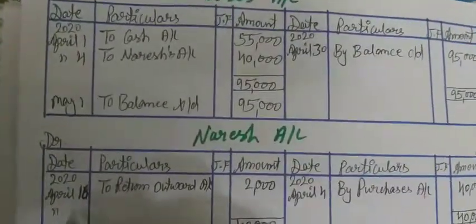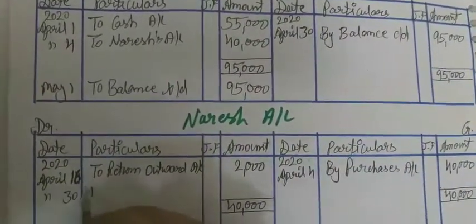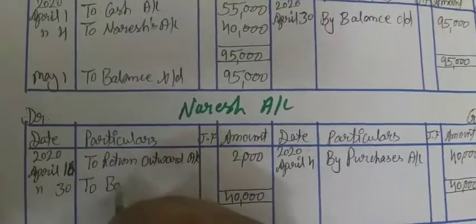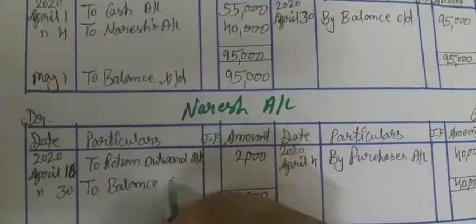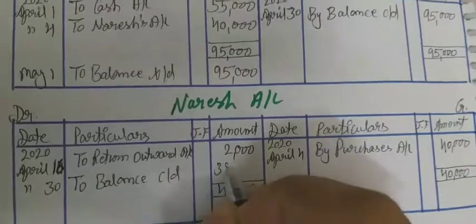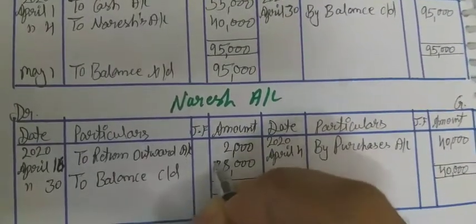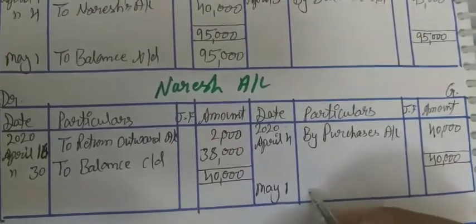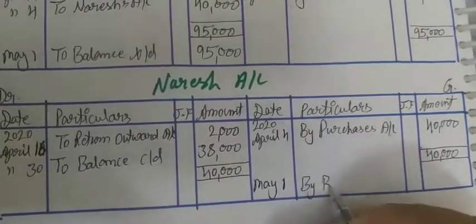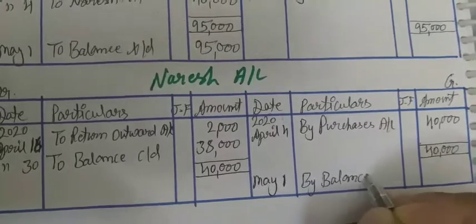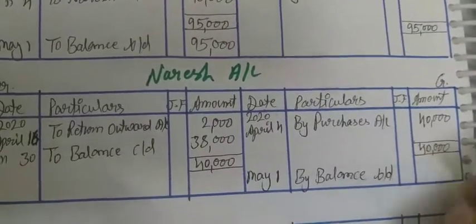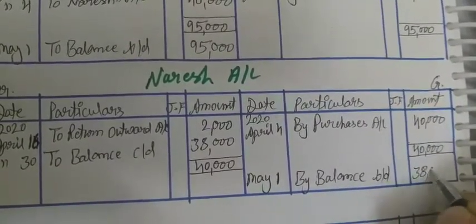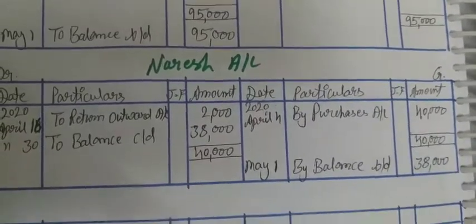Then on April 30, to balance CD, that is rupees 38,000, and this 38,000 will transfer to the next month's first date by balance BD, that is 38,000.